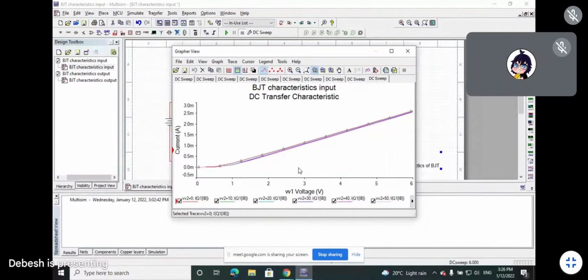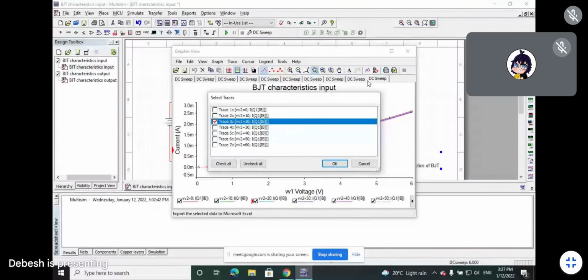Do you know how to export the values of these characteristics? No. I've already told you. Go above in the taskbar on the right-hand side, second last icon. Below that, export to Excel, okay.